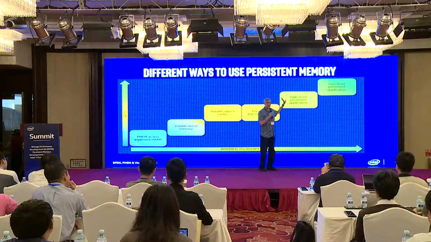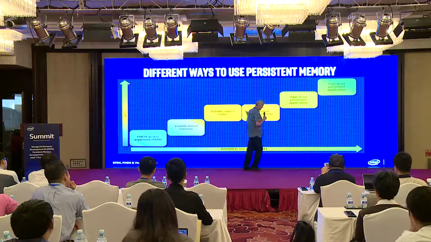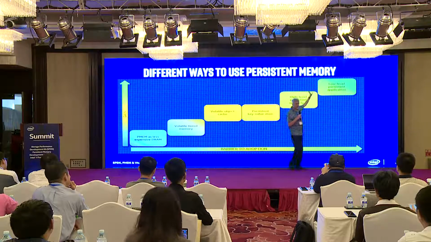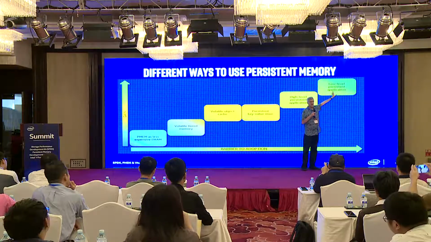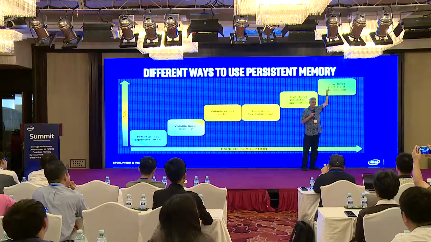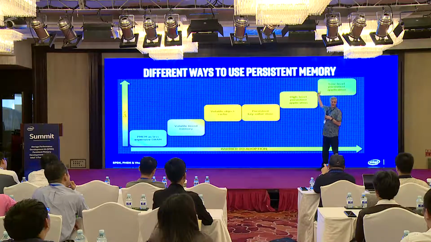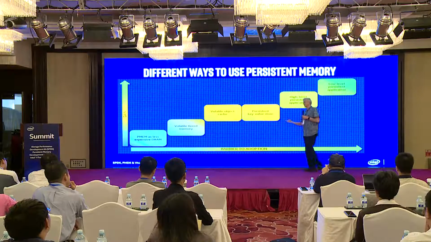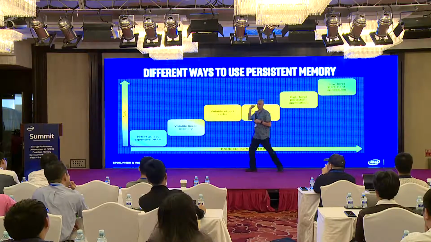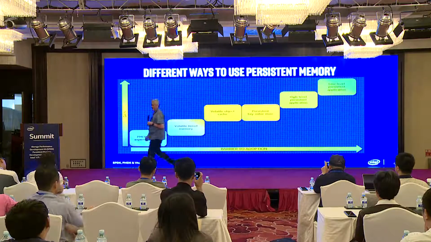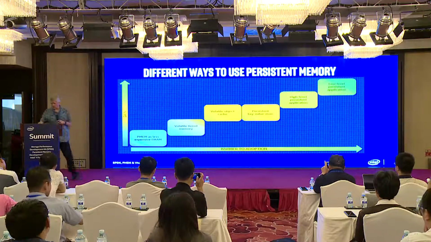The farther I go to the right, the more work. Right, this is like modifying my code, modifying more code, designing more changes to my code. But look at the gain, right? The harder I work, the more I do to my program, the more payoff there is. So it's a trade-off, and you have to decide where your use case fits on this continuum here. Now, let's just go through the continuum with a few examples.